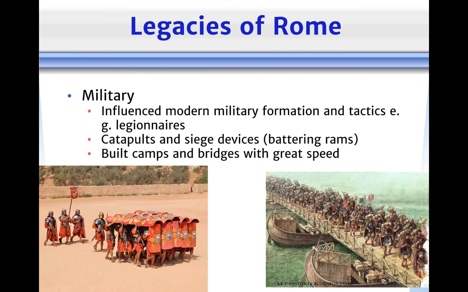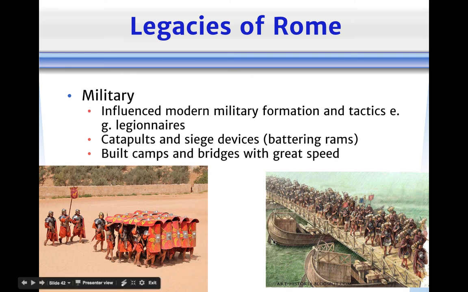Another important legacy of Rome was the powerful militaries that they designed. And so what we do see is that the Roman armies were efficient and organized, and they have since served as models for militaries all the way to modern times. So the legionnaires were disciplined to fight in small, flexible units as well as large troops of armored infantry.